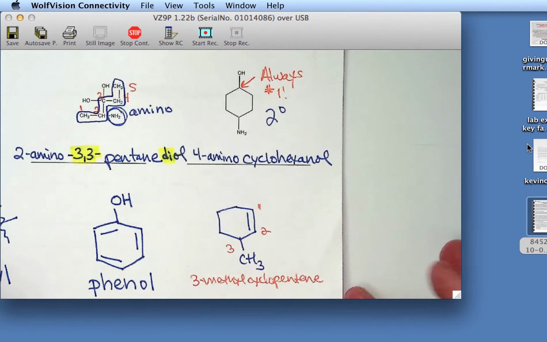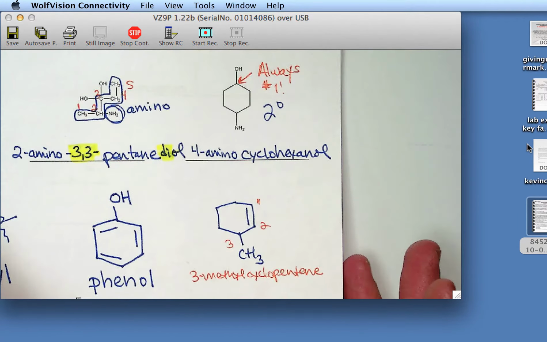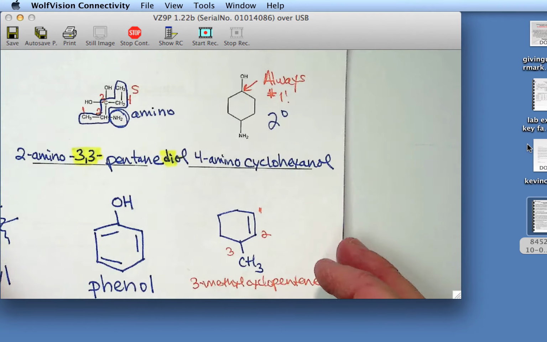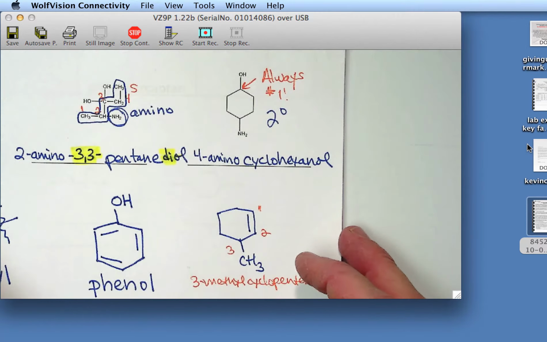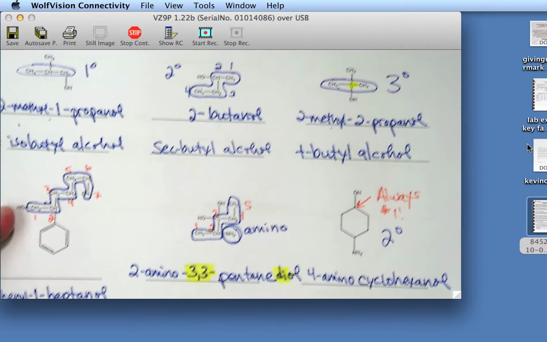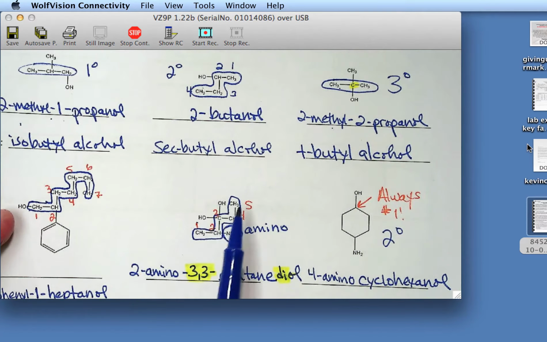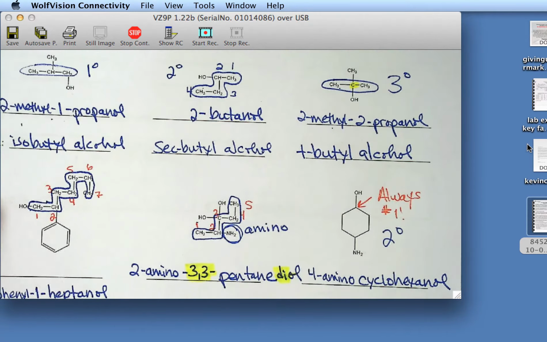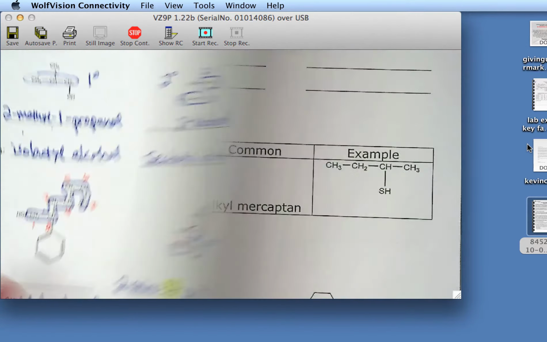All right, so on the next page, that's what you said, that this one, the 2-amino 3,3-diol, was secondary. With diols, don't worry about classifying as primary or secondary or tertiary.